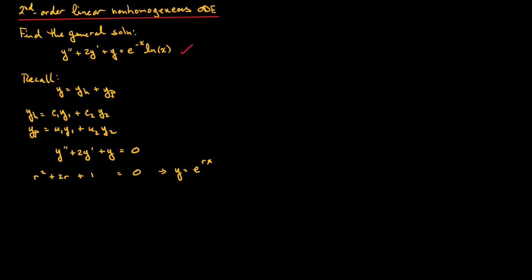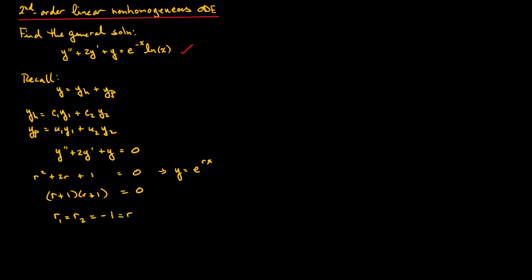So solving this characteristic equation, we find that we have (r plus 1) squared is equal to 0 if we factor this equation. Which leads us to the conclusion that r1 is equal to r2, and both are equal to -1. So we can say that this is equal to r.